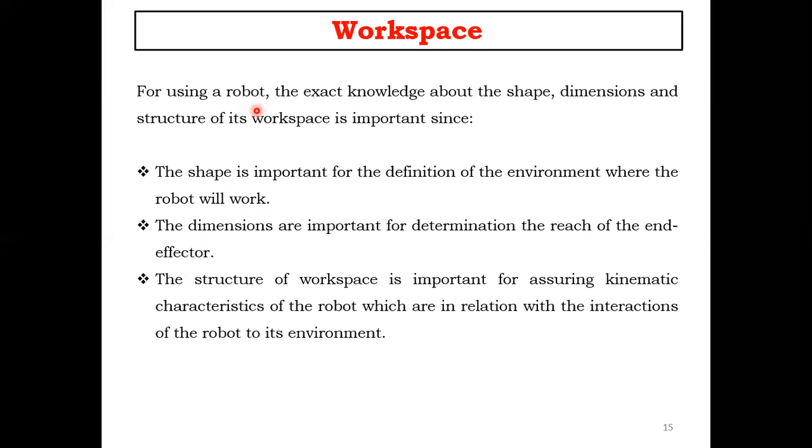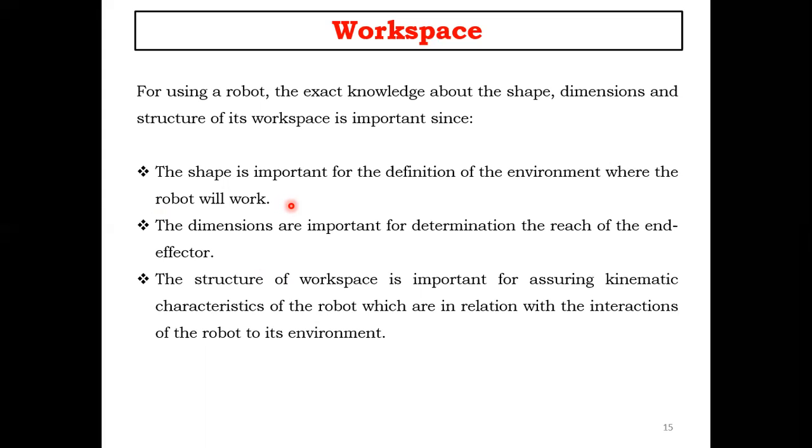The shape is important for defining the environment where the robot will work. We cannot use an industrial robot for home purposes or education purposes in a small room. First we need to define a shape. This robot works for industry, this robot works for educational purposes. We define the shape of the environment where the robot will work.